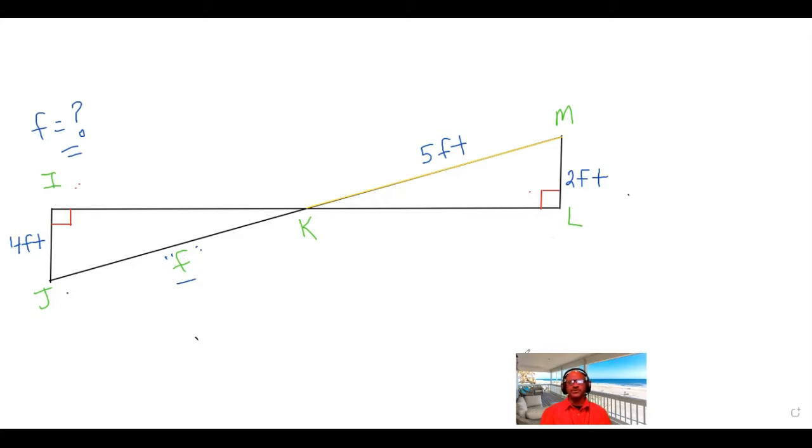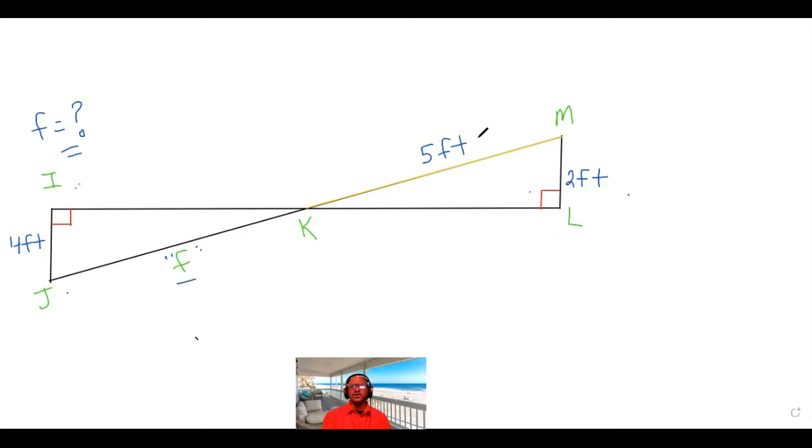So the first thing we do is we want to go ahead and color code what's similar. So I have an ML here. I make that yellow here. I'm just gonna be MK. Sorry, MK and JK. If you notice, those two are similar to each other. These two right here, similar angles.